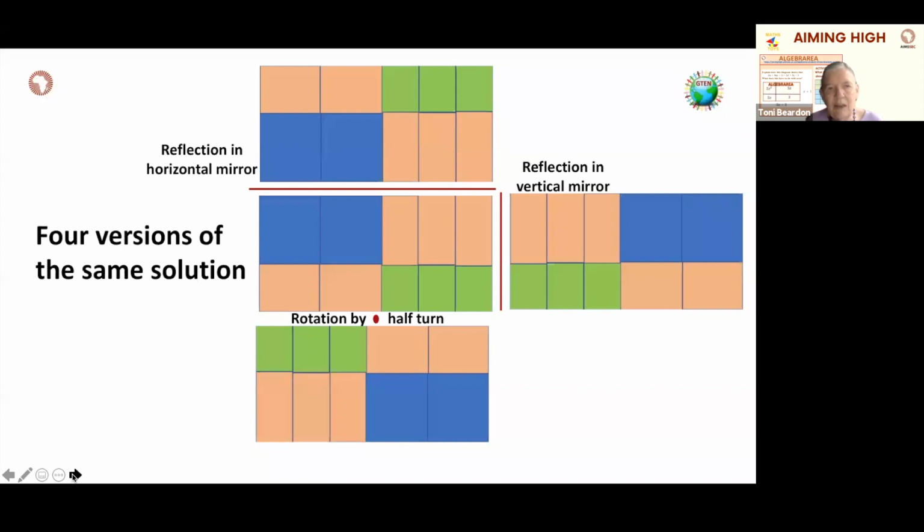Here we have one solution, but we've got different versions of the same solution by reflecting it and rotating it. You can get your learners to do the experiment and draw it out so that they really get to grips with it.